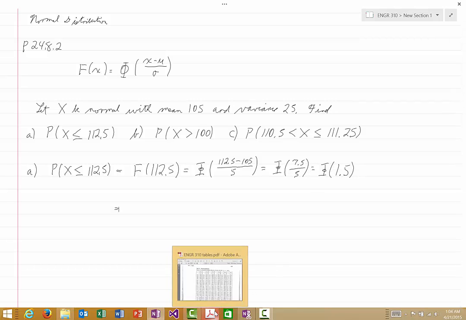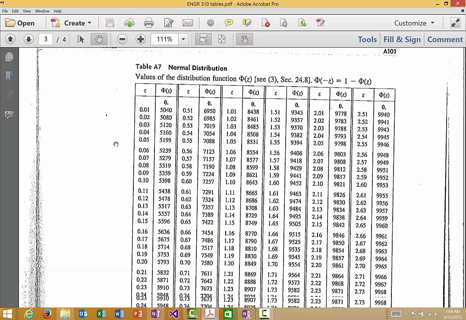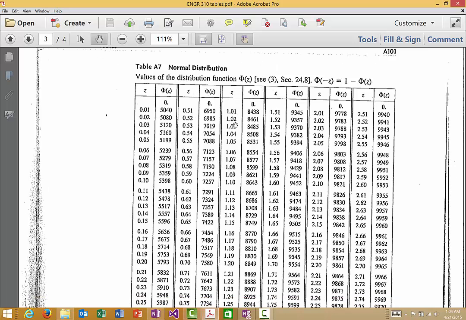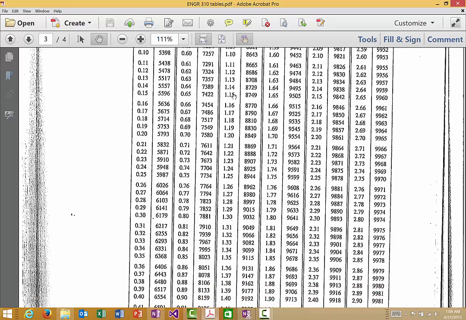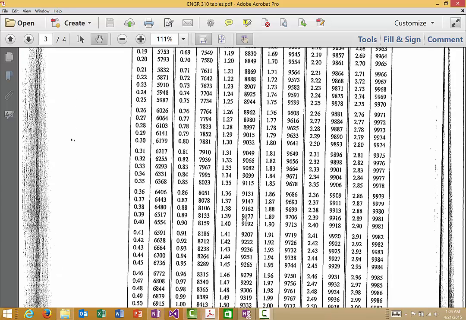And now if we look at the tables, this is really quite simple. In the first column you have z's, in the second column, phis of z's. Third column, more z's and more phis of z's, and so on. So we just need to find out in which z column 1.5 appears, and it's over here in the third z column, right down here at the bottom. And we have 9332 for phi of z, and let's check.